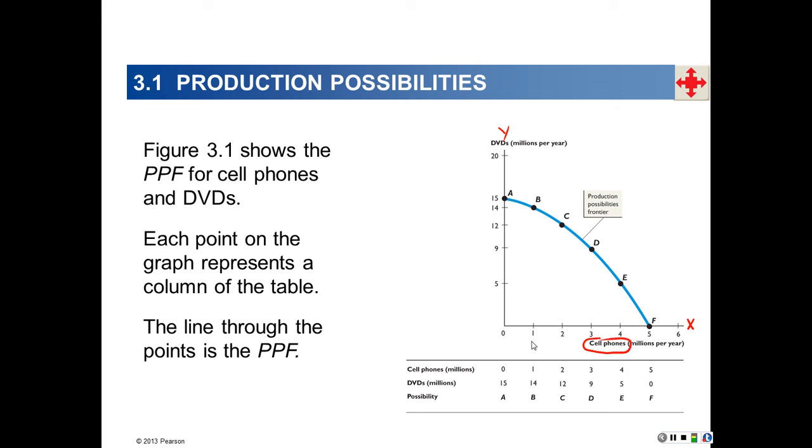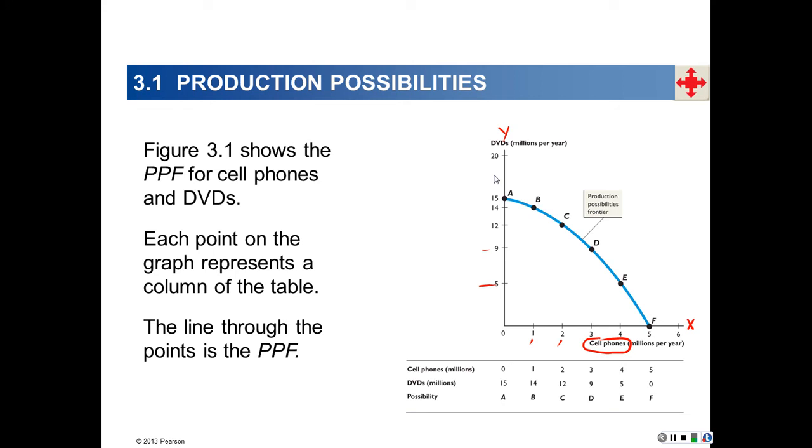So this point here, well, that's 1 million cell phones. And that's 2 million cell phones, right? Now, what are we measuring along the y-axis? Along the y-axis, we are measuring DVDs. And these too are being measured in millions, right? So this here is 5 million DVDs, and then that's 9 above that, and so on, right? Is this completely clear to you?